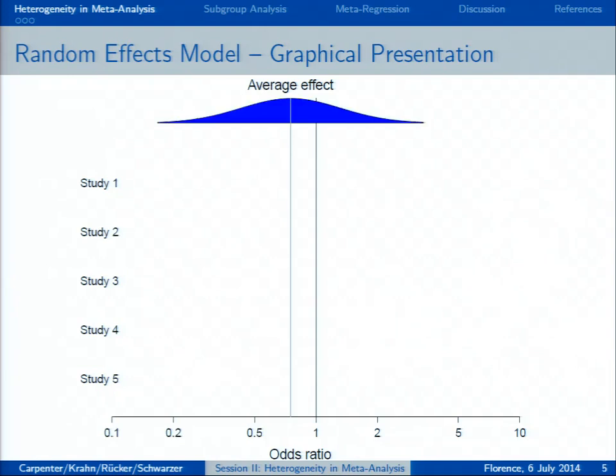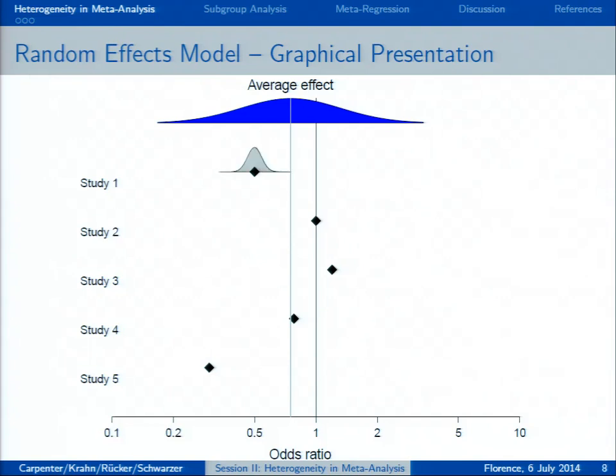Then for each study, we're going to see an effect that's drawn from a distribution about theta with variance tau squared, and that's what we see in this curve here. That's a normal distribution with variance tau squared about our overall effect theta. So our study effects then are theta k's, so these are not the estimates, these are the true values for study 1, 2, 3, 4, 5. They're going to be drawn from this distribution.